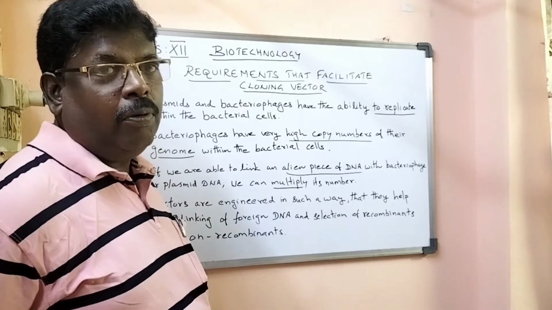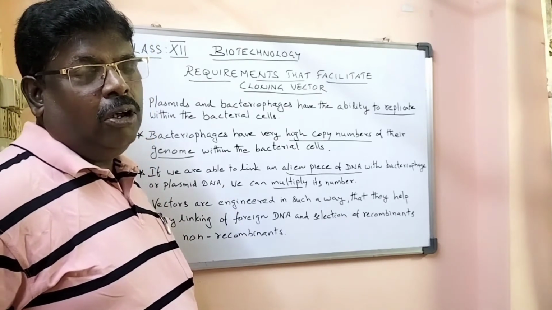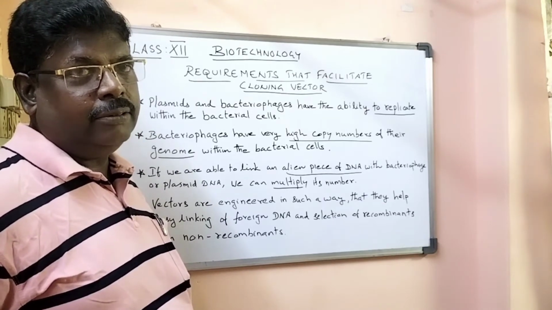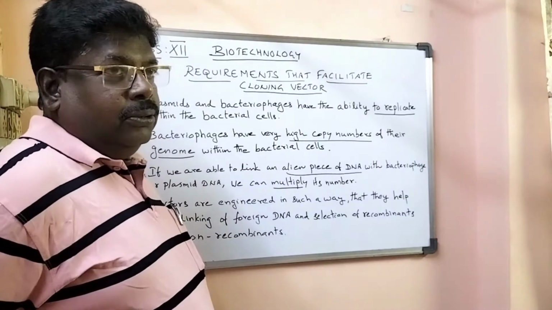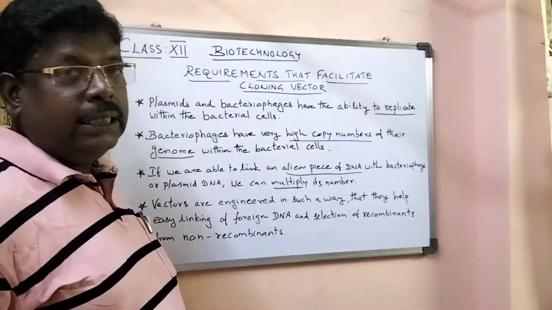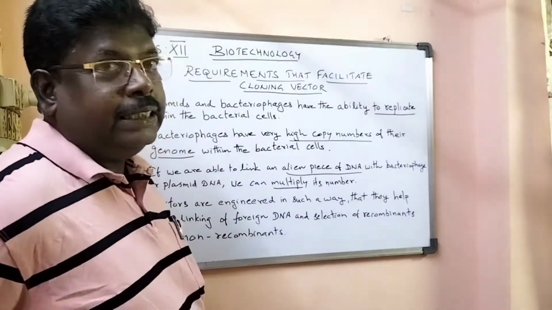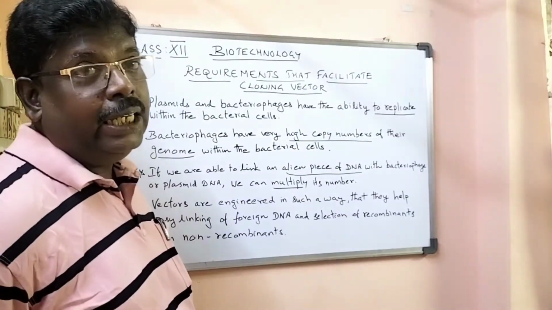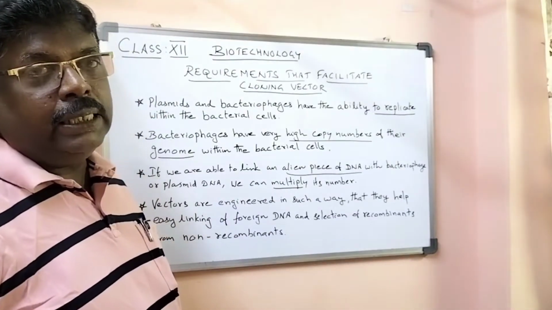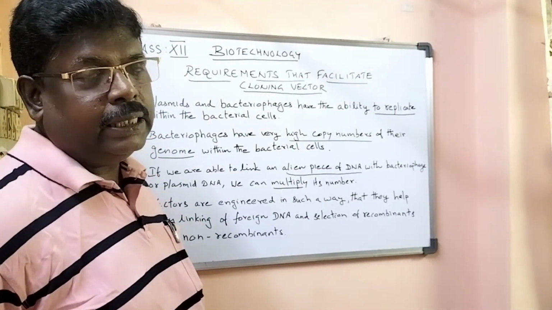Bacteriophage is a type of virus that infects bacteria, or commonly you can call it a bacteria eater. So these plasmids and bacteriophages have the ability to replicate within the bacterial cells. And the second point, bacteriophages have a very high copy number of their genome within the bacterial cells.